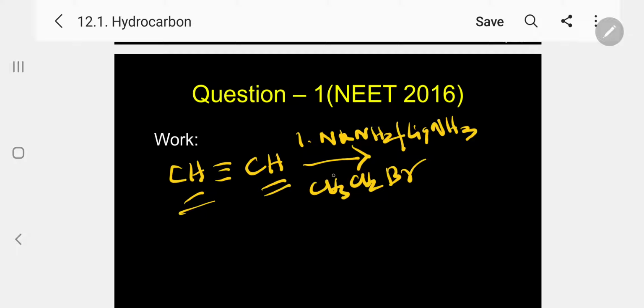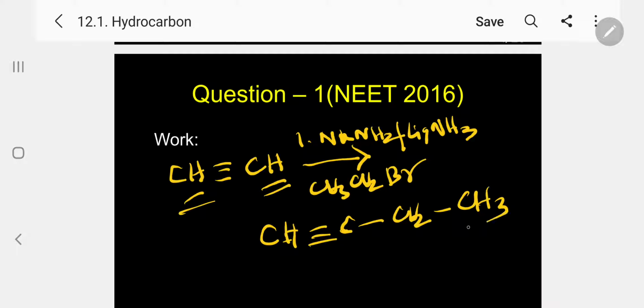So when you treat with sodium amide and liquid ammonia, the hydrogen will be substituted by sodium. Then when treated with ethyl bromide, sodium bromide will go out, and the product will be CH triple bond C, CH2, CH3.